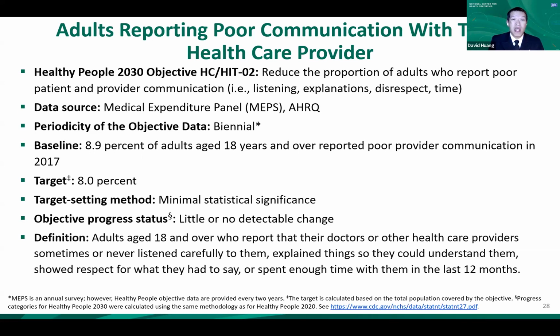At baseline in 2017, 8.9% of adults aged 18 years and over reported poor provider communication. The national target to be achieved by the end of the decade is 8.0%. Slide.